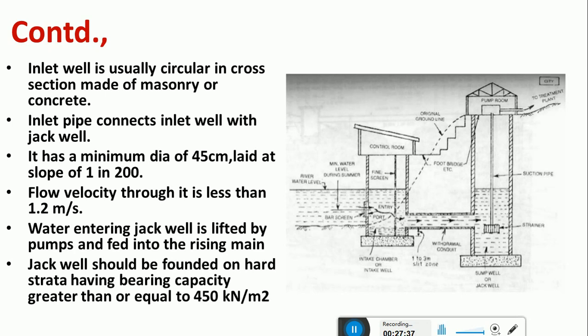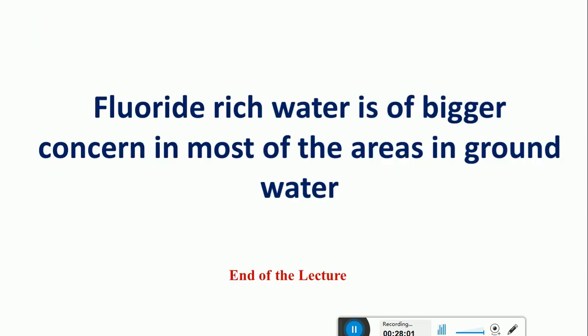Once you know this, we have to plan the water treatment units to satisfy all those requirements. It is a mandatory requirement that we treat the water as per the norms and supply safe water free from all forms of contamination and impurities to the communities. So we'll stop at this stage.